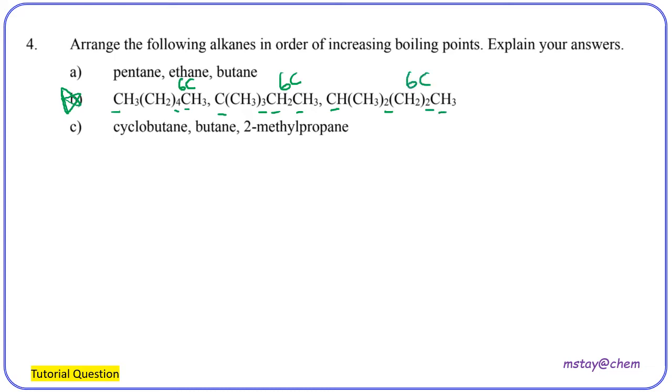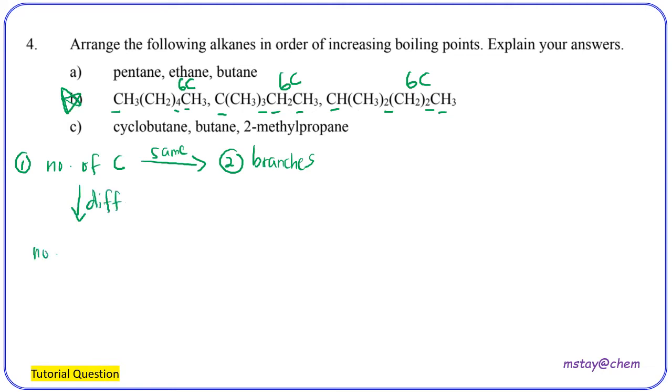Okay, so again, if they have the same, first we look at the number of carbon. If the same, then the second thing we look at is the branches. If the number of carbon is different, we check here: number of carbon higher, boiling point higher.